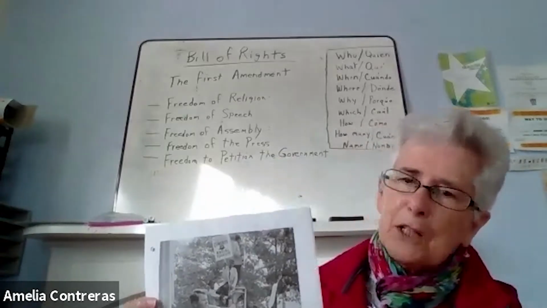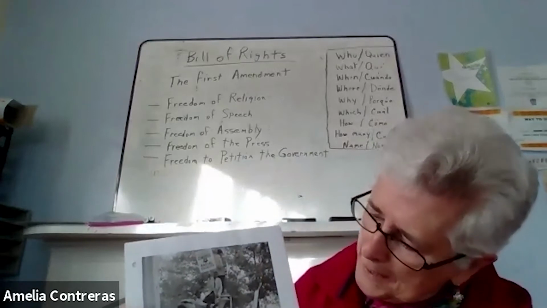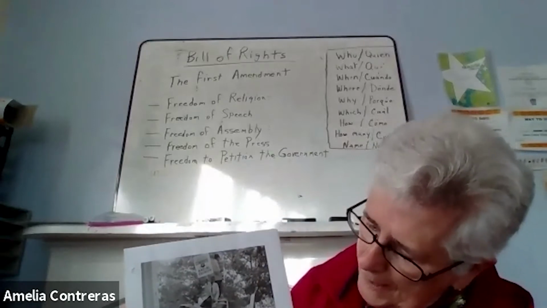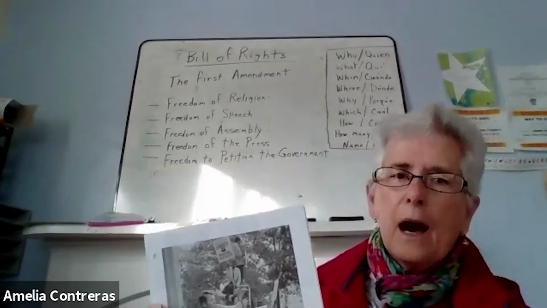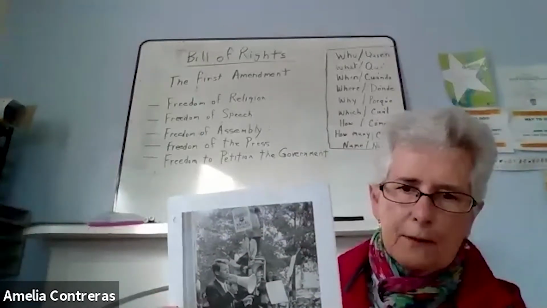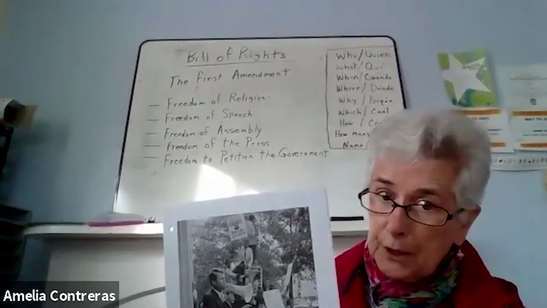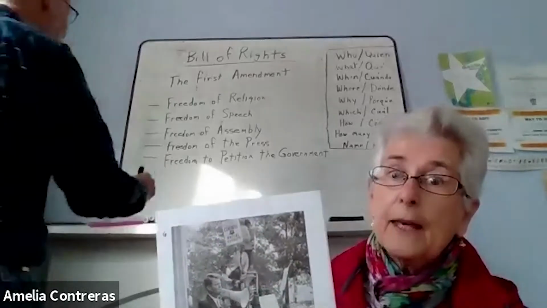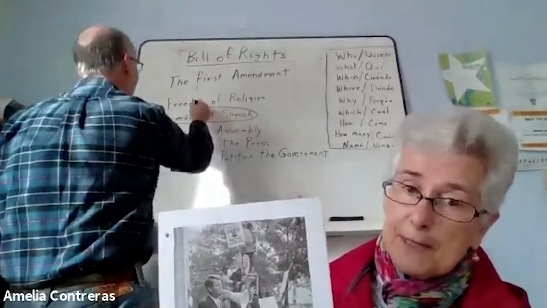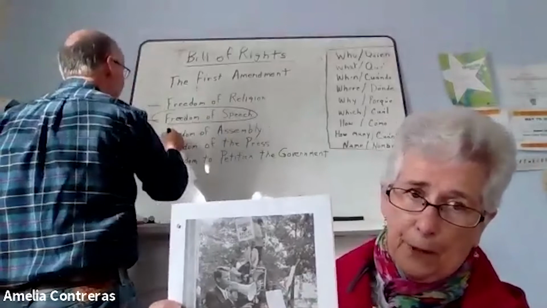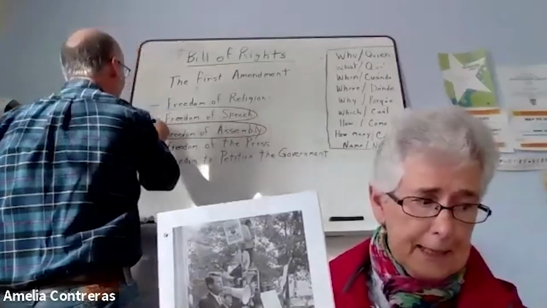But in this picture, that's kind of beside the point. In this picture, he is exercising his right for freedom of speech. He can say what he wants. Yeah. And also freedom of assembly, because he has all those people there that are listening to him.